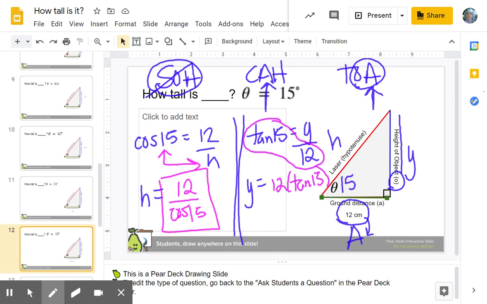Which one's the longest side? The hypotenuse has to be the longest side. So the 3.2 has to be the height. So what's the hypotenuse? 12.2. 12.4. I agree.